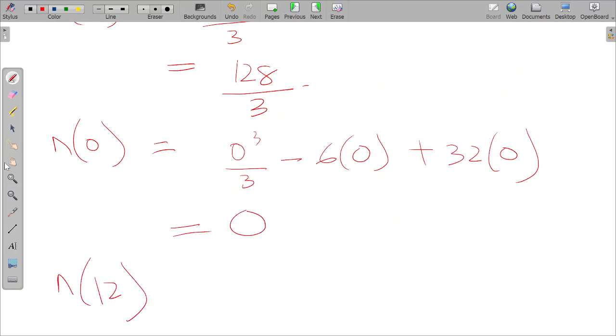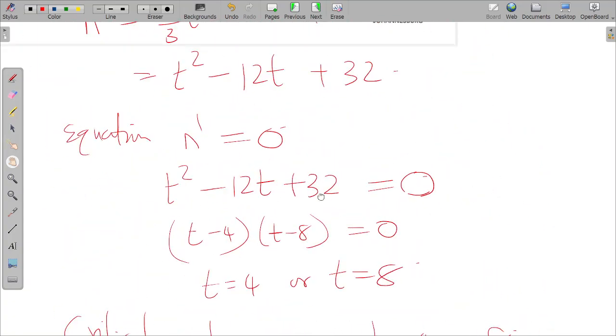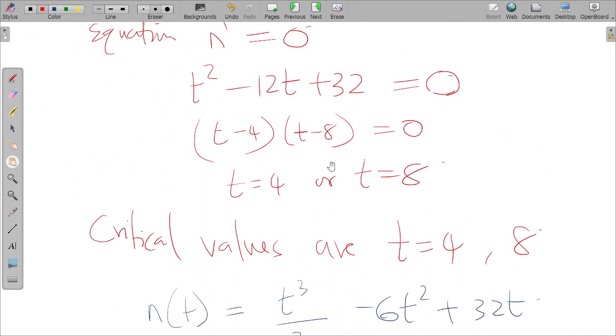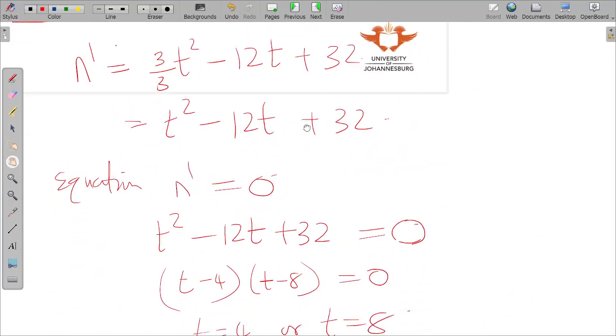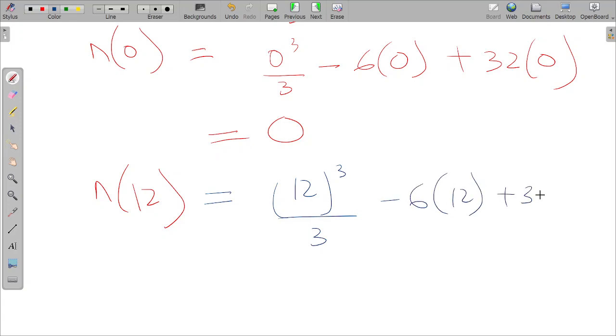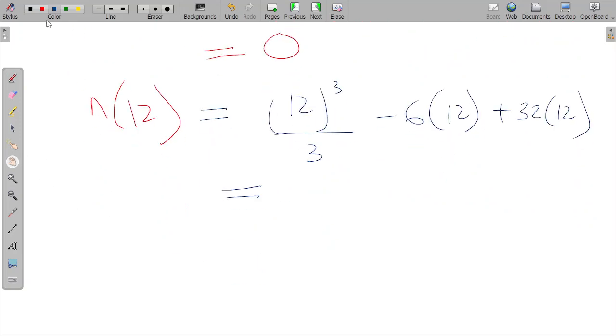Now at 12, don't forget the endpoints are 0 and 12. So 12 cubed over 3 minus 6 times 12 squared plus 32 times 12 should give us 96.